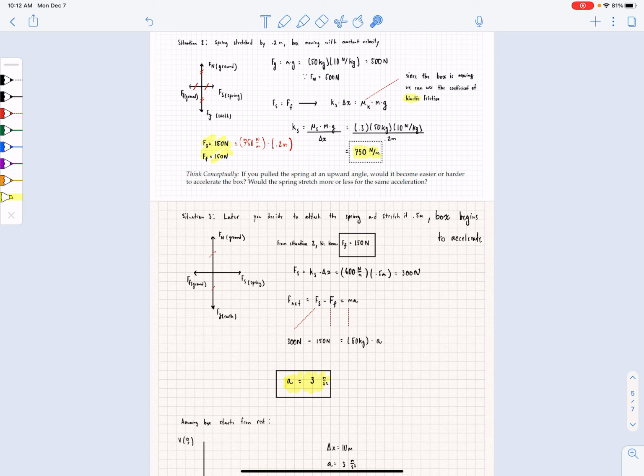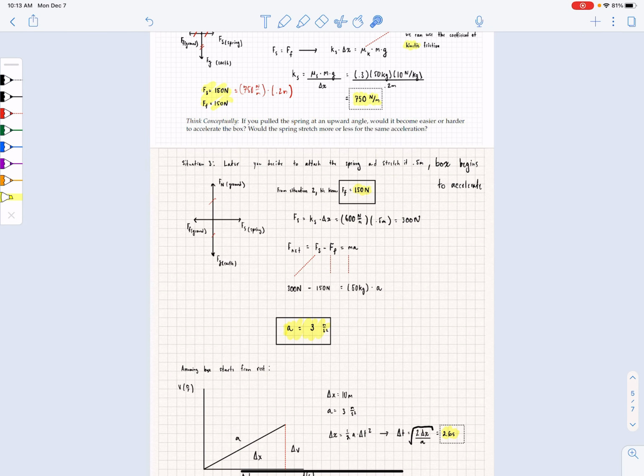And so we know that the force of friction is 150 newtons from the previous situation, and we use the same argument that we used in the other two situations, which is that the net force is the difference between the spring force and the force of friction. So we just take these two values and calculate them. The spring force is going to be 300 newtons. Oh, no, this is a typo. My apologies. This is 750 newtons per meter.